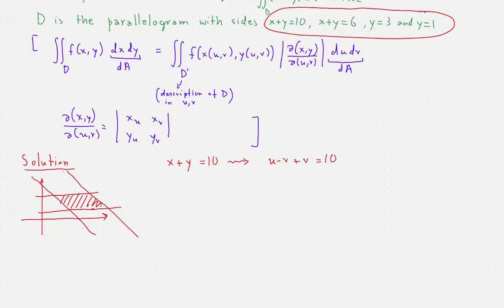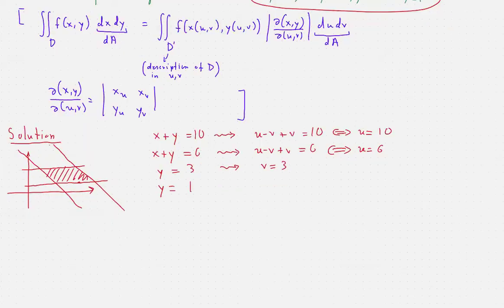And similarly, if I take x plus y equals 6, that will give me u minus v plus v equals 6. So that will give u is equal to 6. And if I take y equals 3, then that will give me v equals 3, and y equals 1 will give me v equals 1.